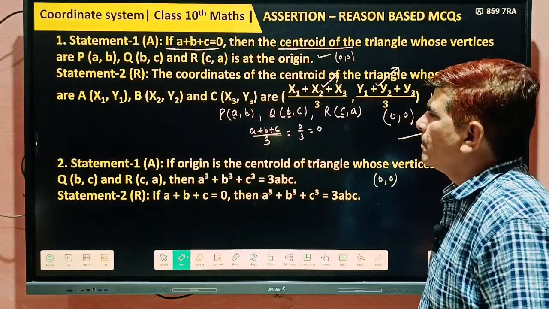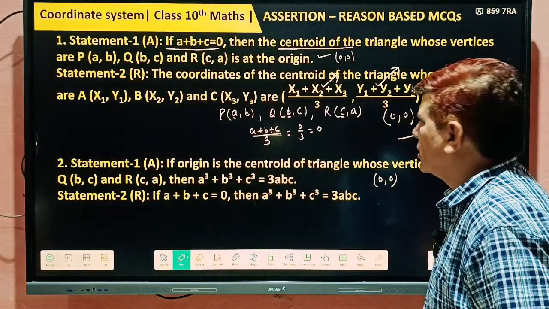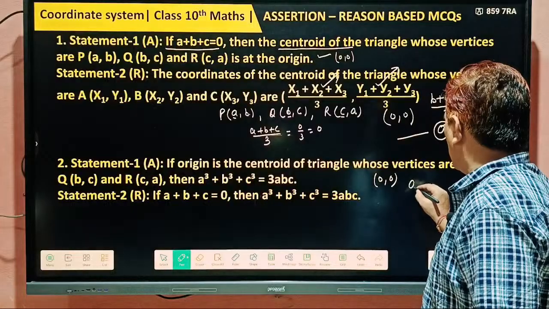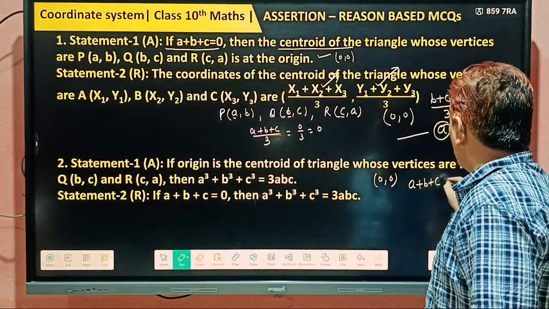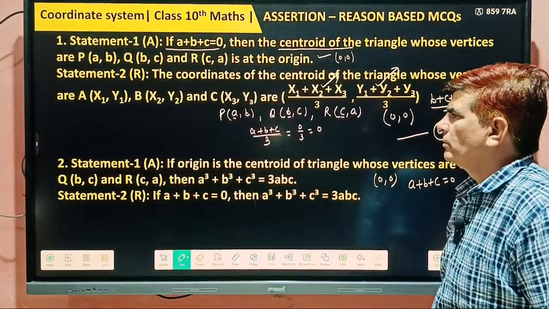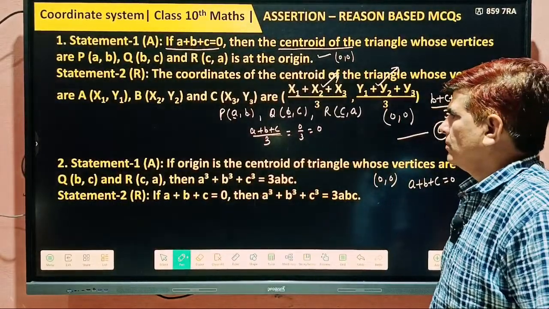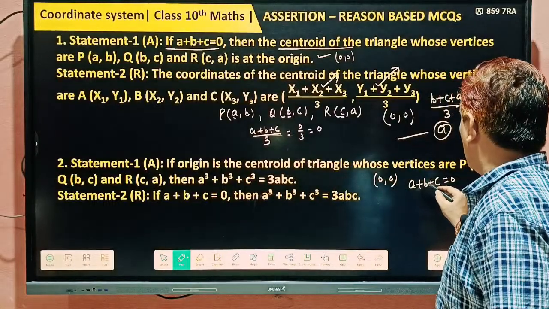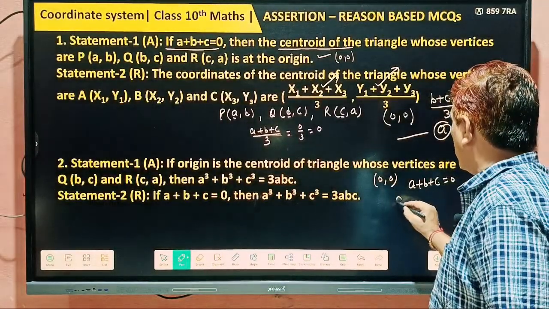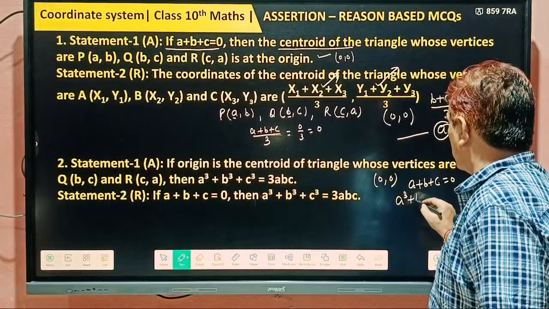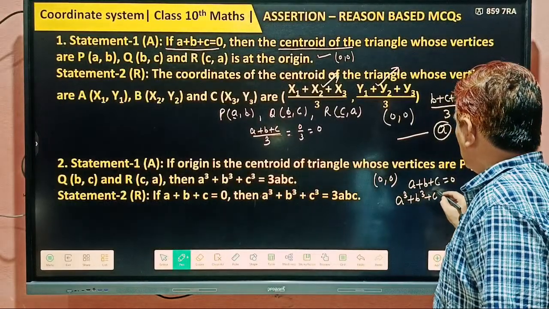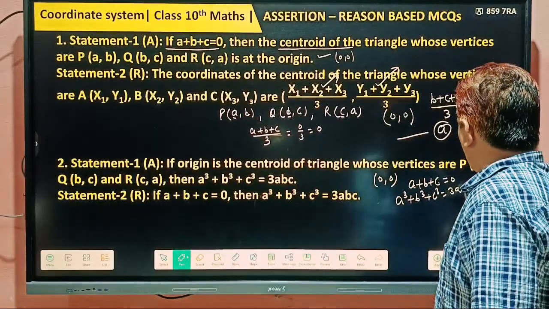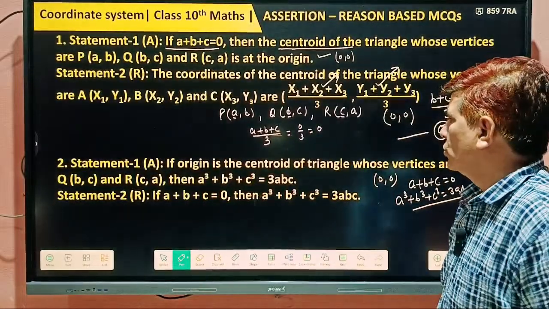What's its meaning? Its meaning is A plus B plus C equal to 0. Understood? Yes or no? And if A plus B plus C equal to 0, then definitely this property, which is given in 9th class, A cubed plus B cubed plus C cubed is equal to 3ABC. So this is also right.